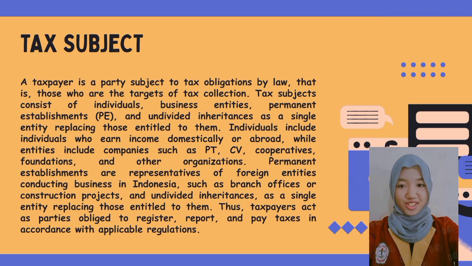Permanent establishments are representatives of foreign entities conducting business in Indonesia, such as branch offices or construction projects, and undivided inheritances, as a single entity replacing those entitled to them. Thus, taxpayers act as parties obliged to register, report, and pay taxes in accordance with applicable regulations.